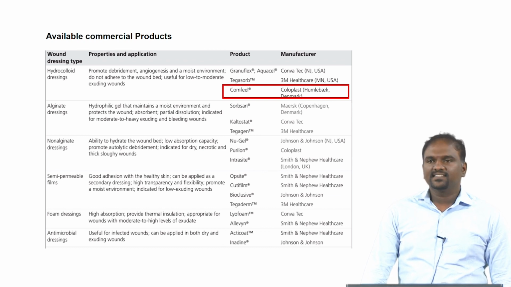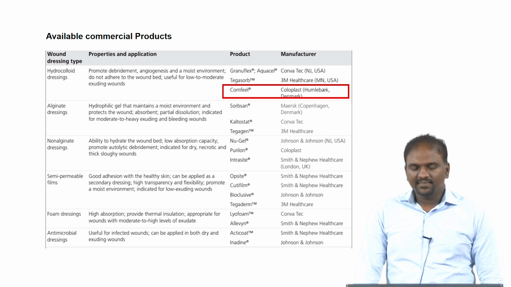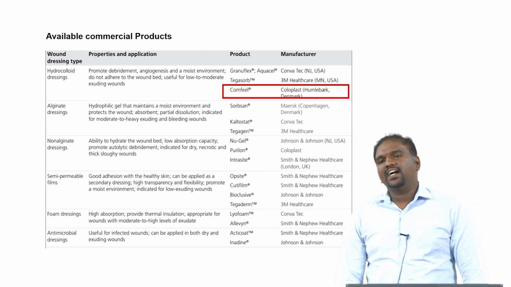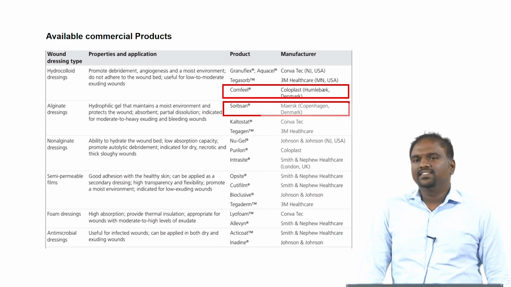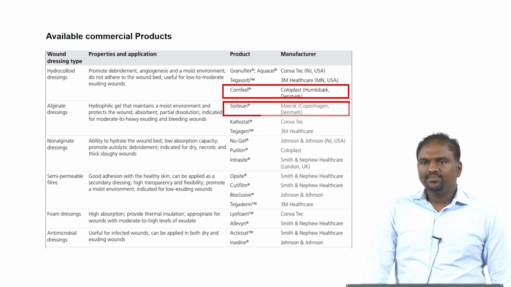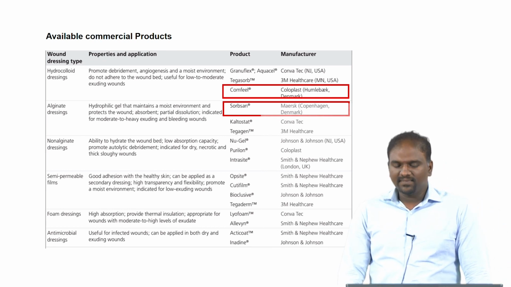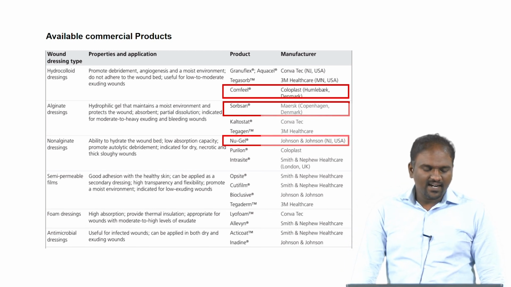Then the second thing is alginate dressing. That dressing is made of alginate material, and it acts as an absorbent. One fine product from that alginate dressing is SorbSan, developed by a Denmark based company. The next product is non-alginate dressings.